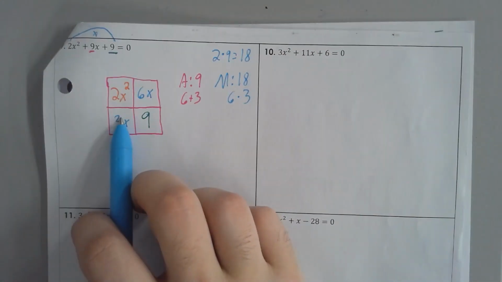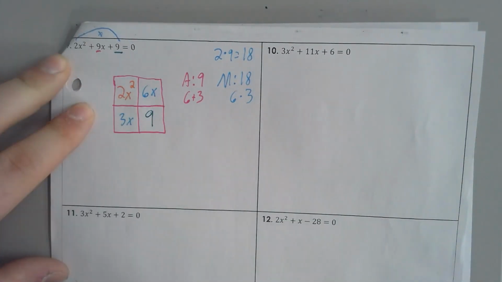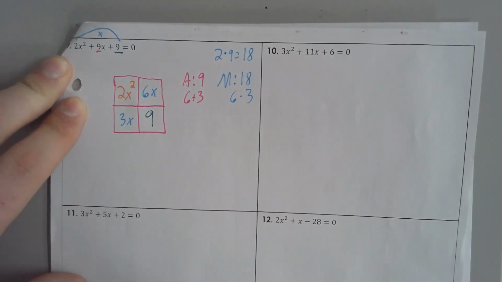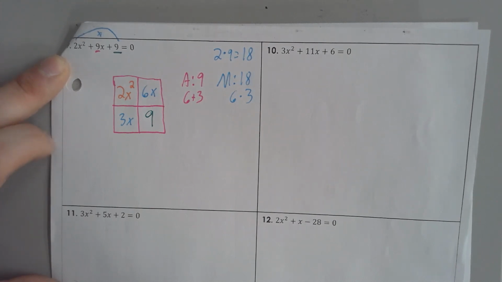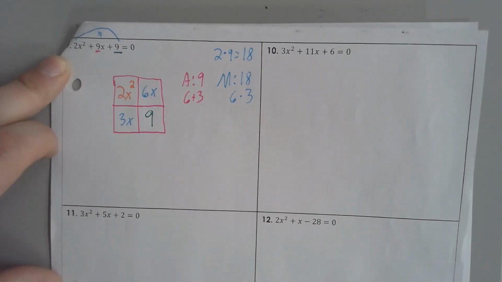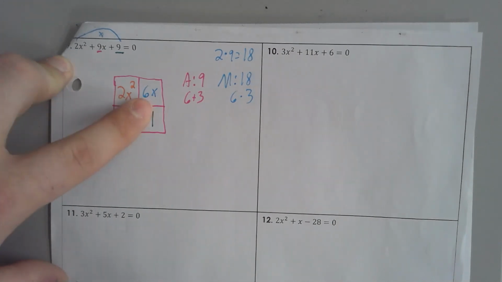Alright, let's find our greatest common factors. So going across the top row, 2x squared and 6x. What can we pull out from that? Both of these have an X, don't they?